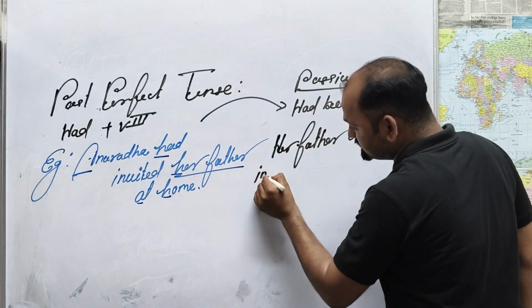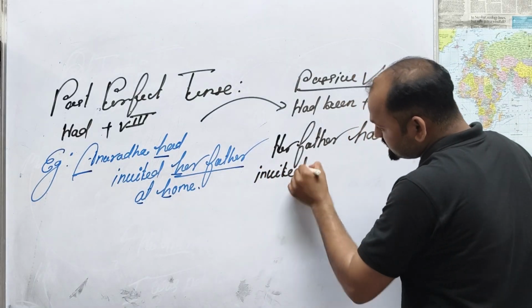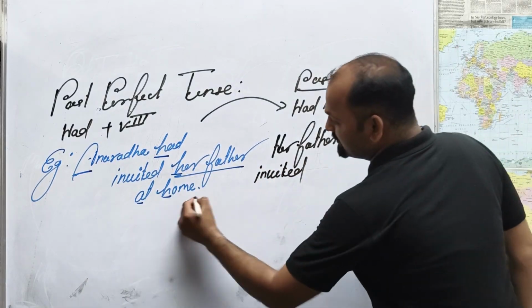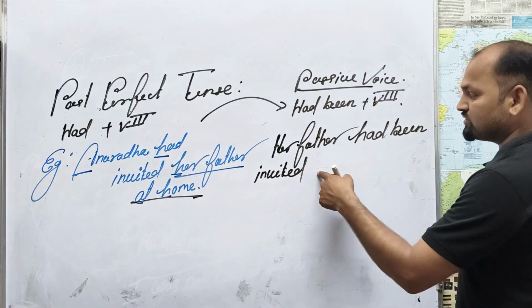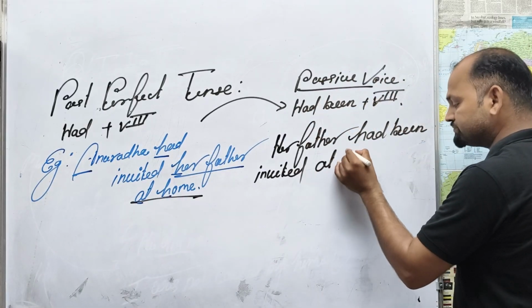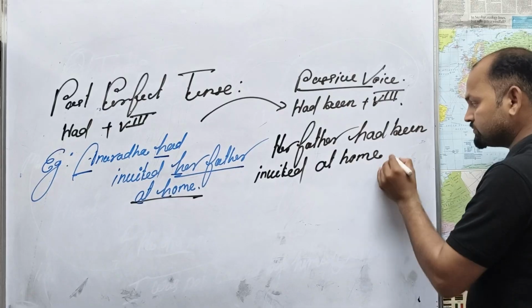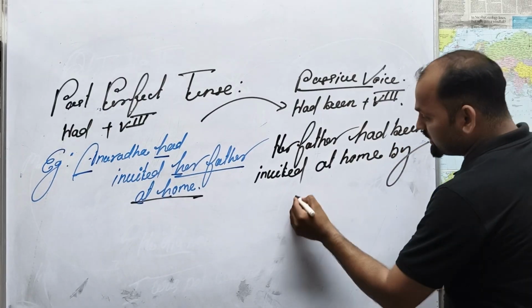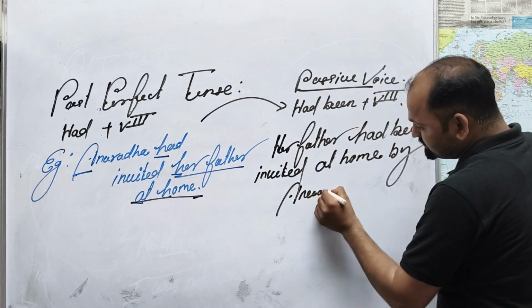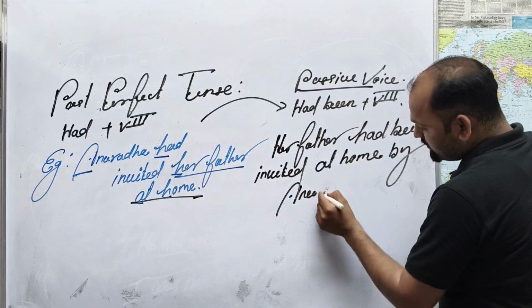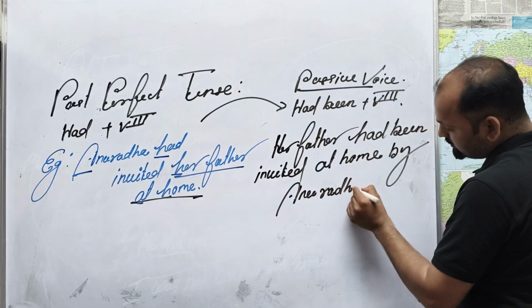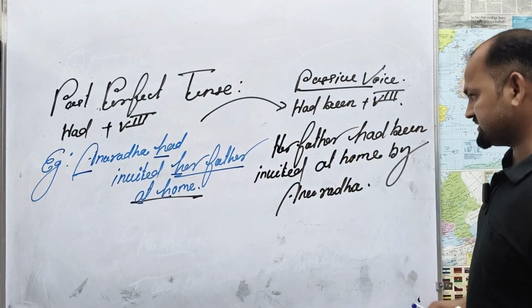Next, invited. These are the key points. Sir, what about at home? The rest of the remaining words you can write here: at home, by Anuradha.